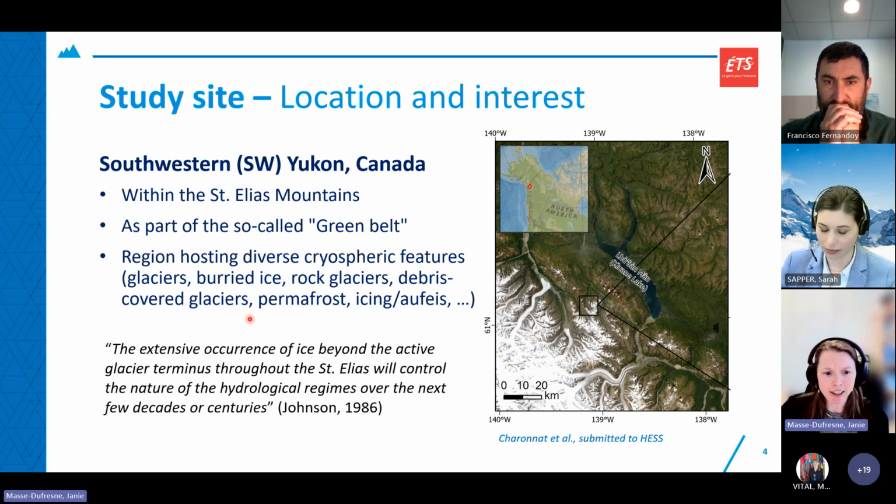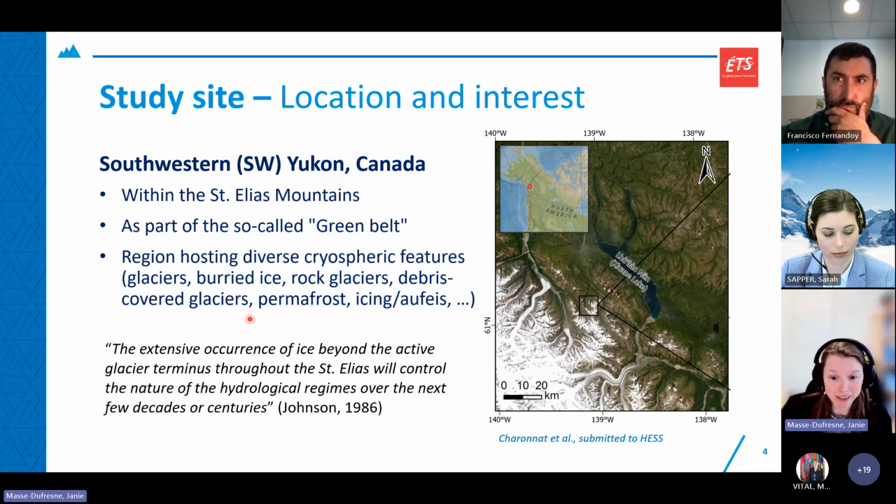So there's really a lot to study, really different ways we can see ice, and this ice is melting at different rates because they are different features, and we're trying to understand with the use of stable isotopes how these different features are contributing to stream flows.